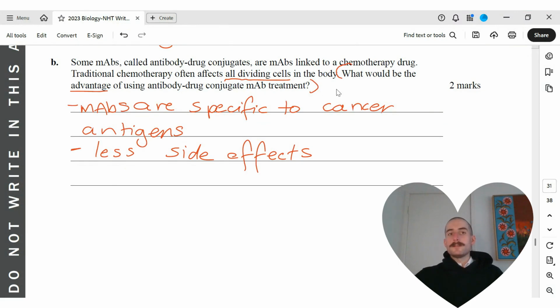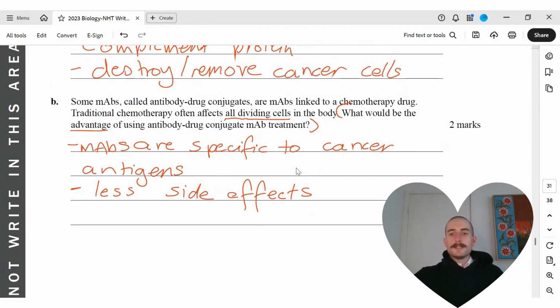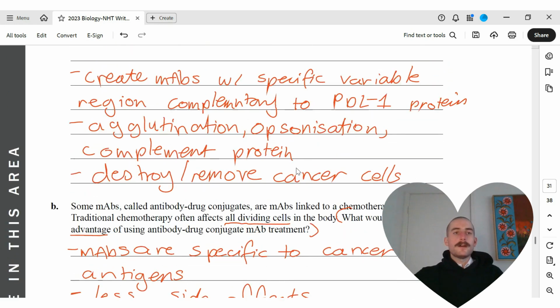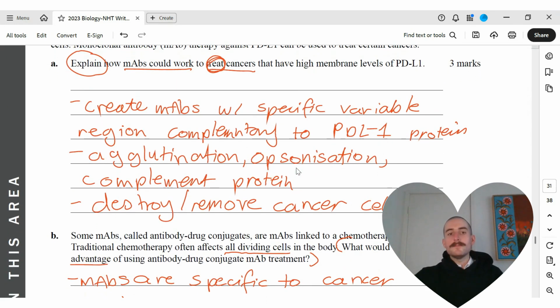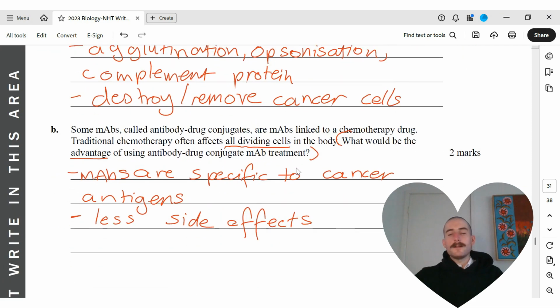What would be the advantage of using mAb treatment? We can go and check the assessment report for this and see if I got 5 marks. I'm quietly confident that I would have because I've responded directly to the question. I've seen the explain command term. I've given a relationship. And down here, I've actually said what the advantage is.